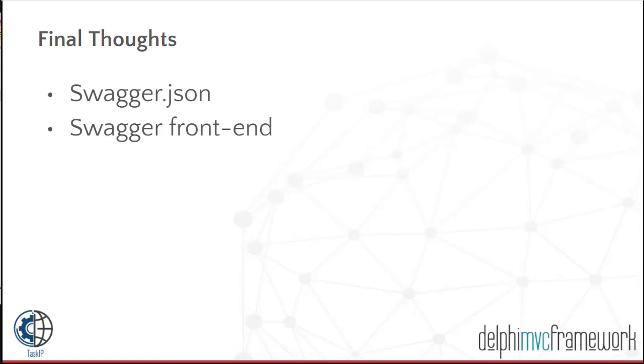For example, if you have a public API, or even let's say your system has an API to be used internally, and another system wants to integrate with you, instead of sending that super large PDF or drawing diagrams or something like this, you can just pass the URL, and your Swagger frontend will already tell the developer at the other end how your API works.